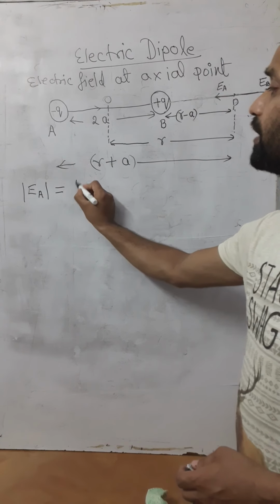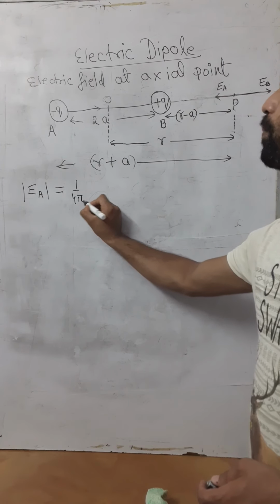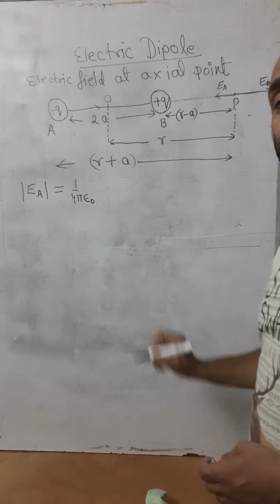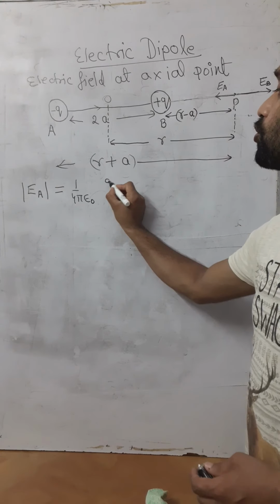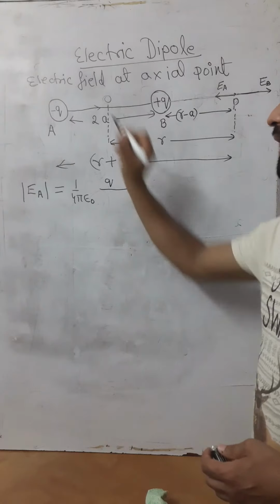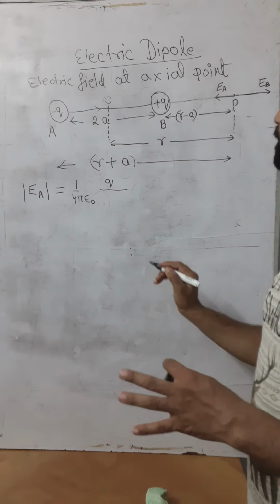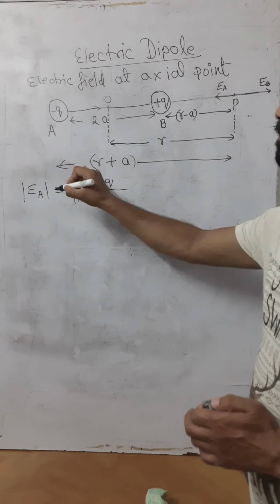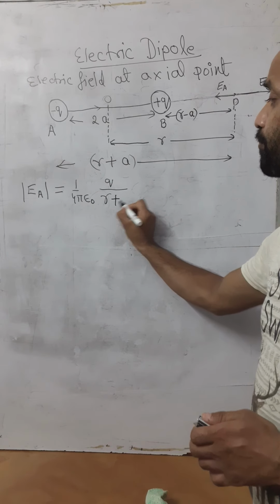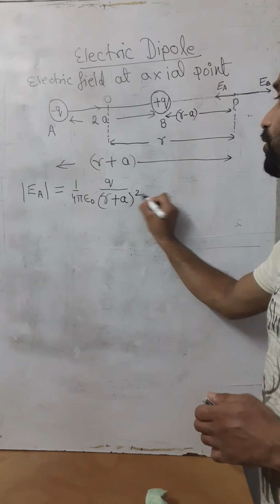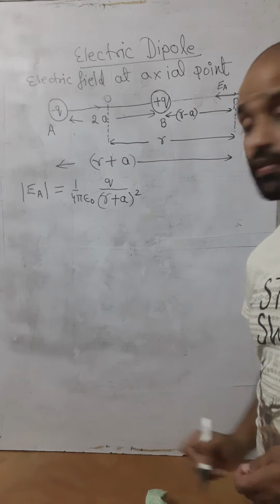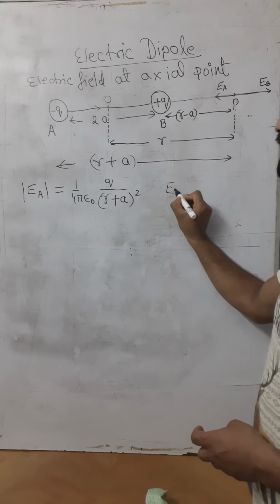Magnitude of EA is equal to 1 by 4 pi epsilon naught Q, because I am talking about the magnitude, so I will not take the minus sign, upon (R plus A) whole square, right? Now tell me about EB.